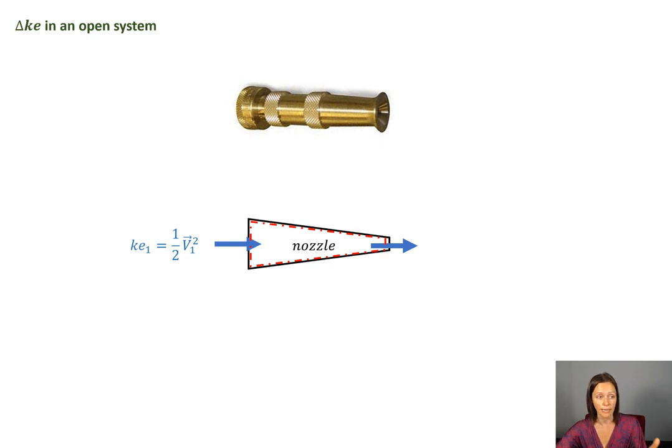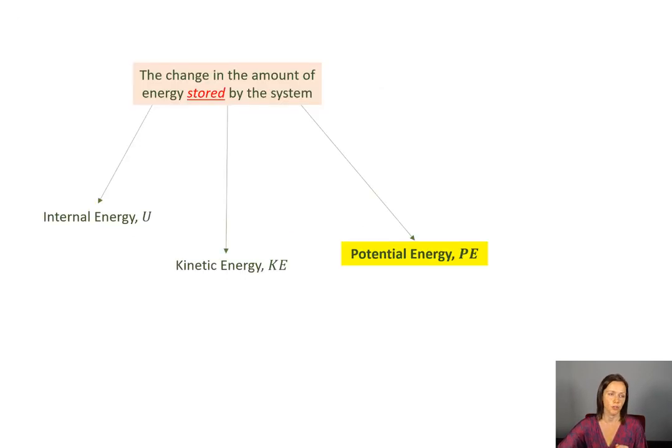So the velocity at state 1 is the velocity of the fluid going in at the inlet. And then the kinetic energy at state 2 would be a lot higher than the kinetic energy at state 1 because the velocity would be higher. So it's just a different way of thinking about changes in kinetic energy in an open versus a closed system.